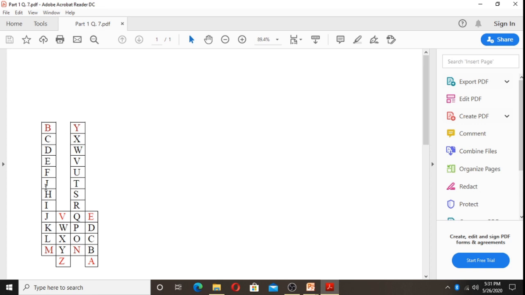These are ascending and these are descending. Again in between V and Z there are 3 letters which are ascending. Therefore in between E and A there will be 3 letters which are descending. Therefore we have to descend from E as D, C, B, A. Therefore at the place of question mark there will be the letter.